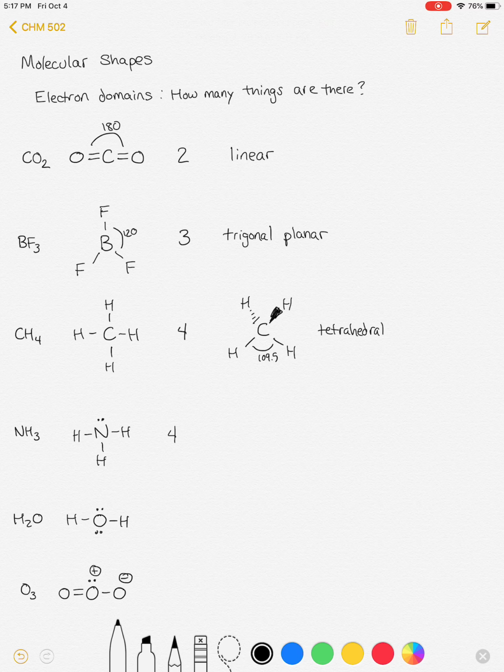So if we look at this in 3 dimensions, we have a nitrogen with a hydrogen, then a lone pair in the same plane as the hydrogen, and then another hydrogen coming in and out of the screen. The shape this gives us, just looking at the nitrogen and the hydrogens, is called trigonal pyramidal. It's triangular just like the trigonal planar shape, however it's not planar, it's pyramidal.